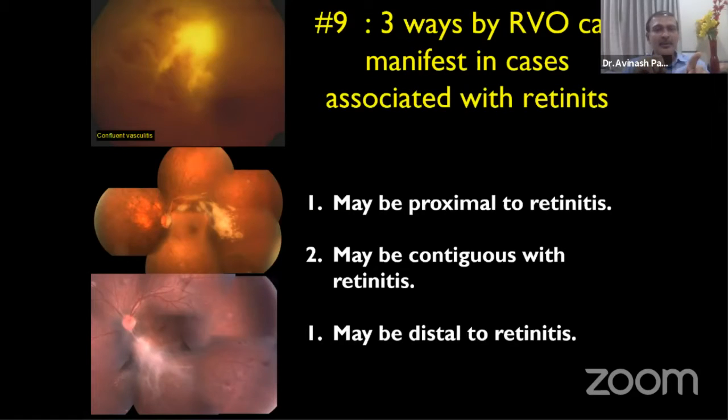And in the picture at the bottom, in the middle, you will be able to see a retinitis patch distal to the vasculitis, or there can be a retinitis patch proximal to the area of vasculitis. So these are the three ways by which one would be able to associate a retinitis with vasculitis. Either it can engulf it completely, or can be found distal to the occlusion, or even proximal to the occlusion.